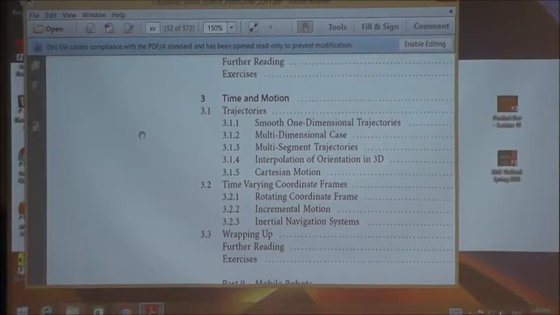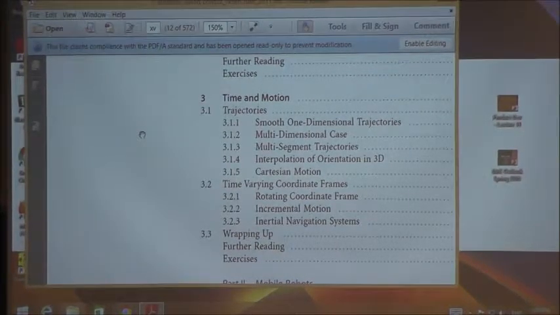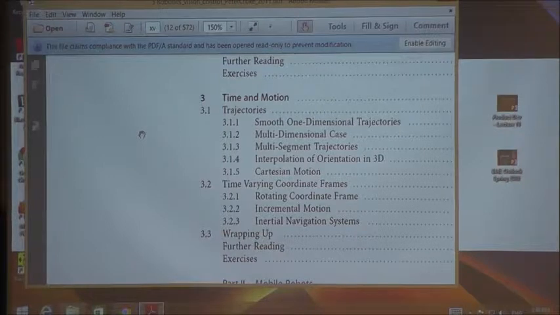Because if you remember, the upper 3 by 4 part of the transformation matrix gives 3 times 4, 12 nonlinear algebraic equations, full of sine and cosine. And those are highly nonlinear, and you're trying to find 6 unknowns in 12 equations. Good luck. That's the toughest part of inverse kinematics.